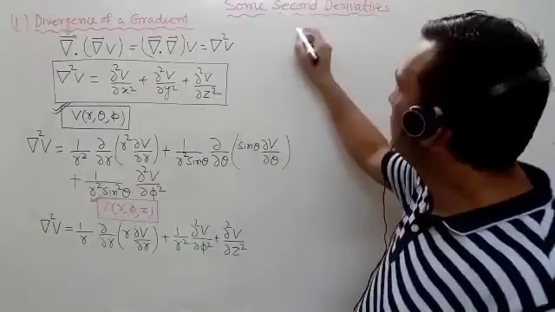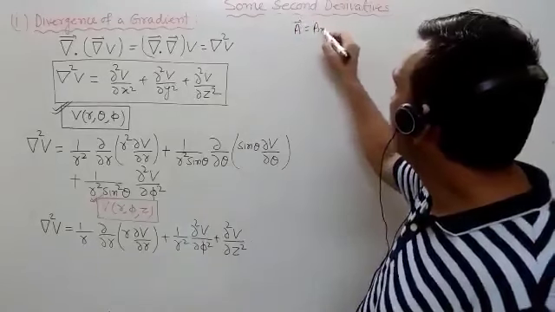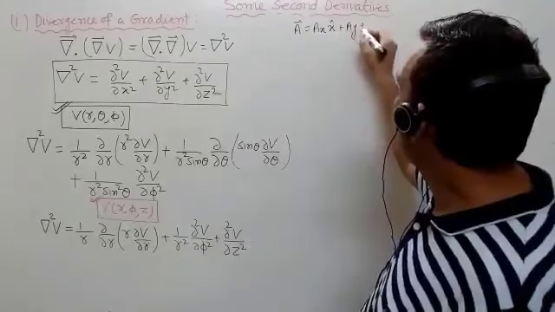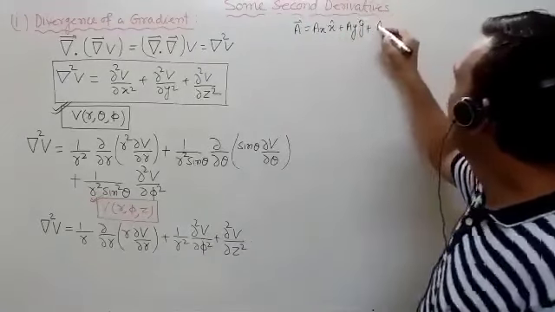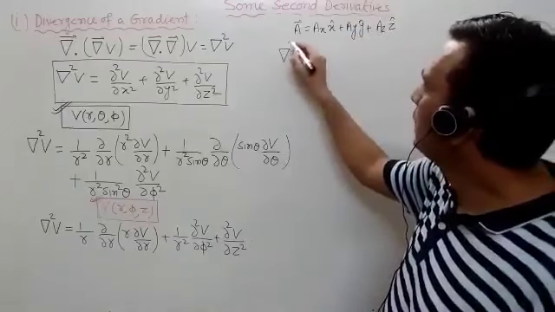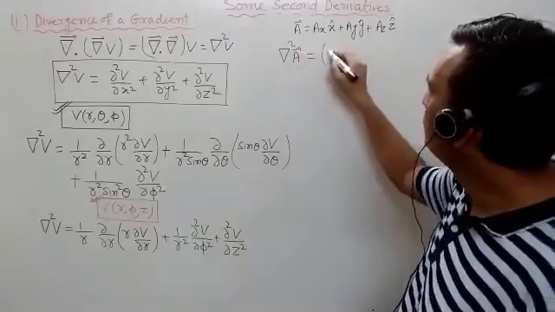For example, if you have a vector field A, that is AX x cap plus AY y cap plus AZ z cap, we can operate del square A in this form.